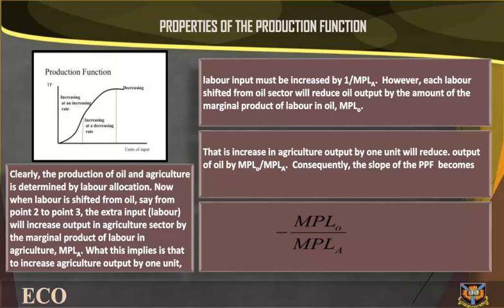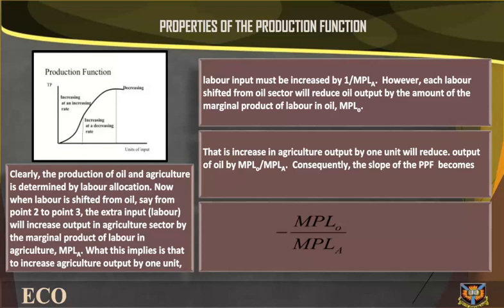Now, when labor is shifted from oil, say from point 2 to point 3, the extra labor input will increase output in the agriculture sector by the marginal product of labor in agriculture, MPLA. What this implies is that to increase agricultural output by 1 unit, labor input must be increased by 1 over MPLA.